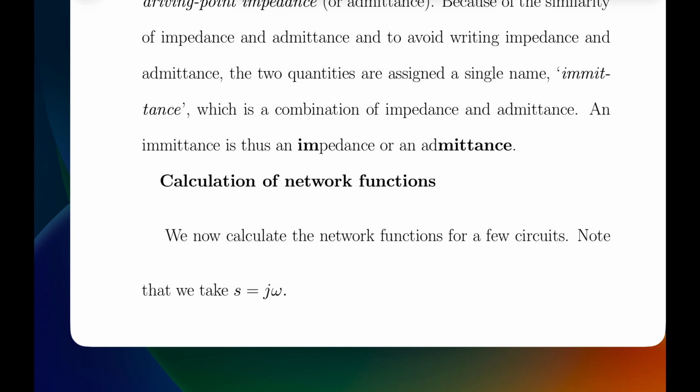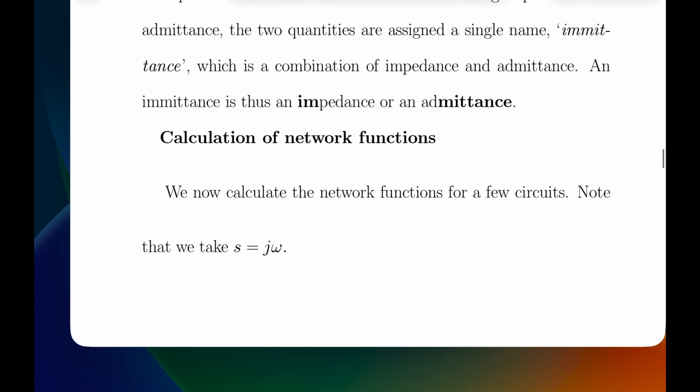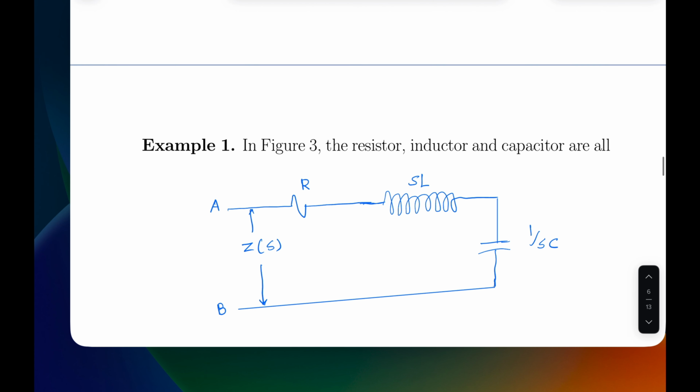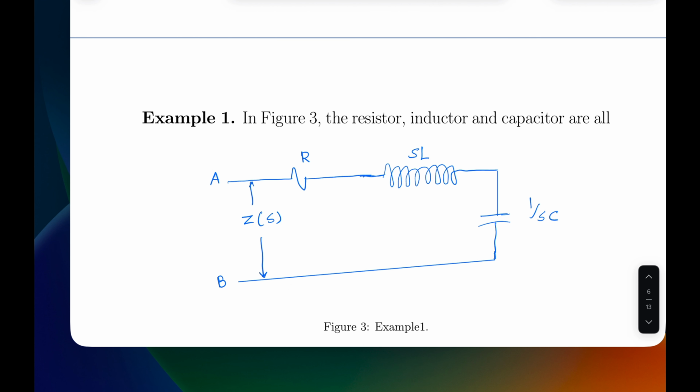So first we take the case of the circuit shown in figure 3. In this figure, we have a resistor R, an inductor of inductance L, and a capacitor of capacitance C connected in series.